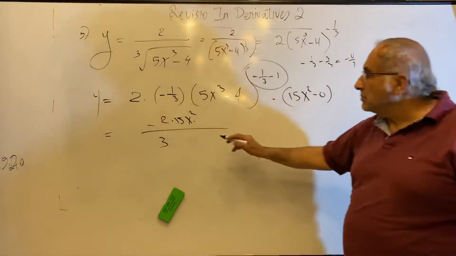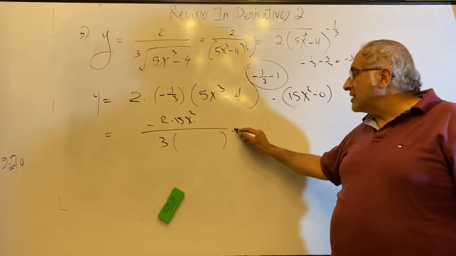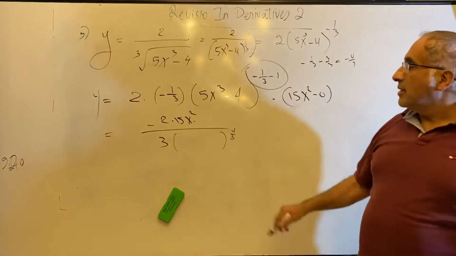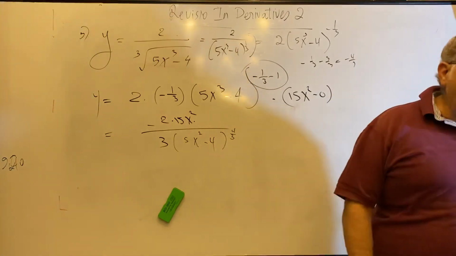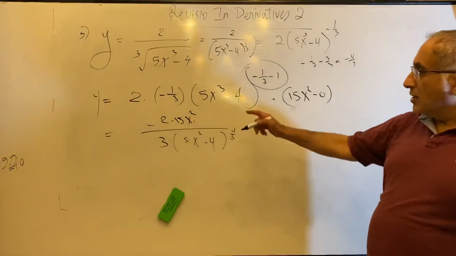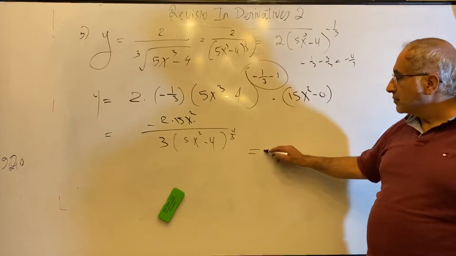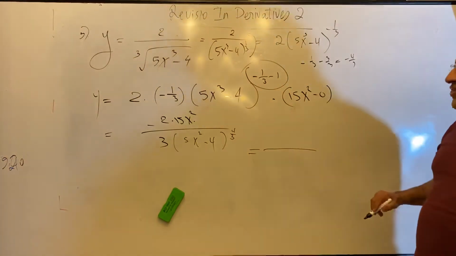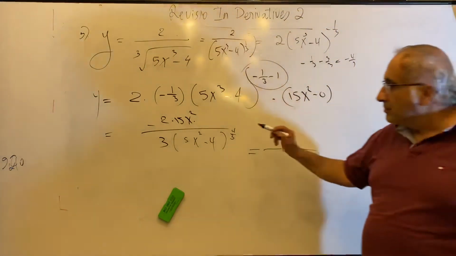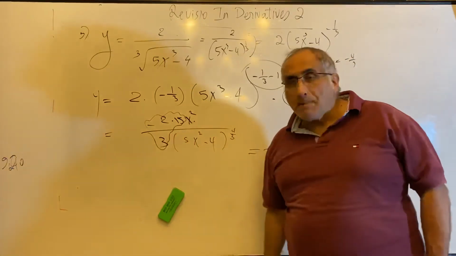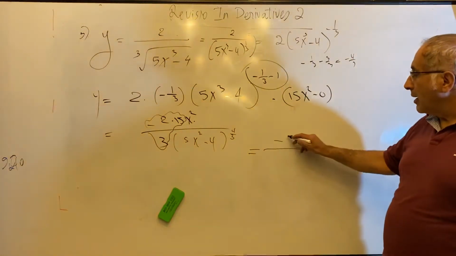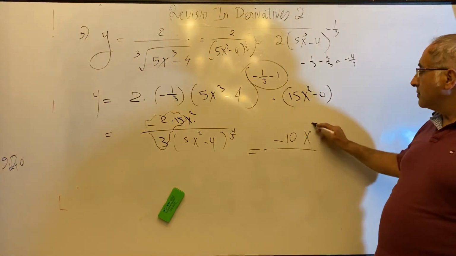Bring it down, it will be plus 4 over 3. And don't forget, this will stay the same. Sir, can we simplify further? Yes. You can write this like that. 2 times 15 is 30, divided by 3 is 10. All right, negative 10x squared.